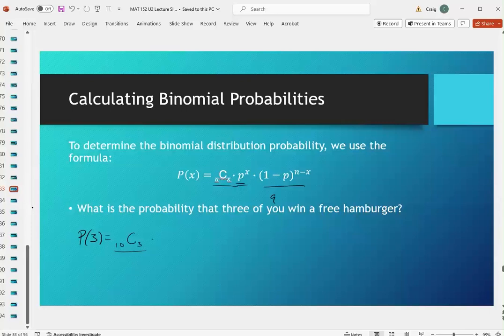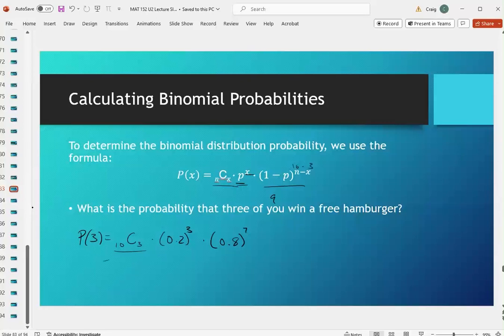Times the probability of winning a hamburger, 0.2, to the 3rd power. That's how many we want to win. Times the probability of not winning to the 7th, where those values came from, 10 minus 3.